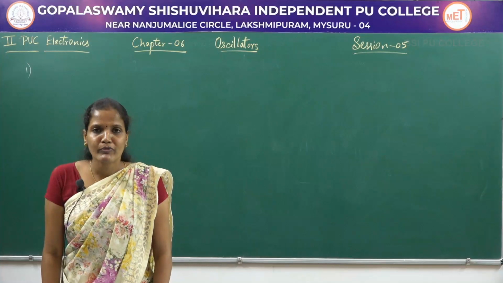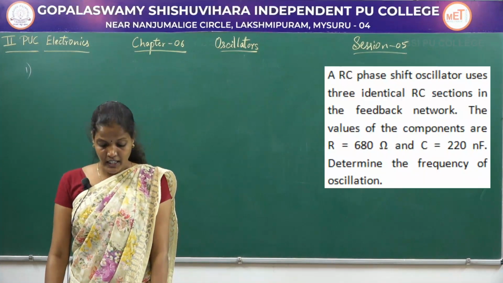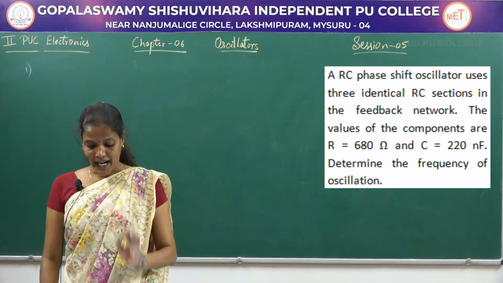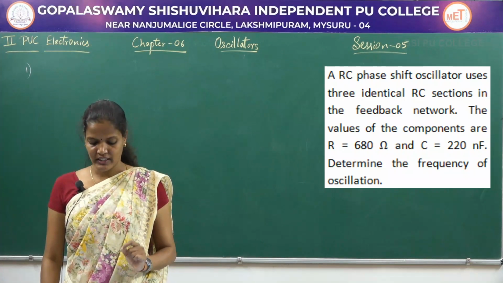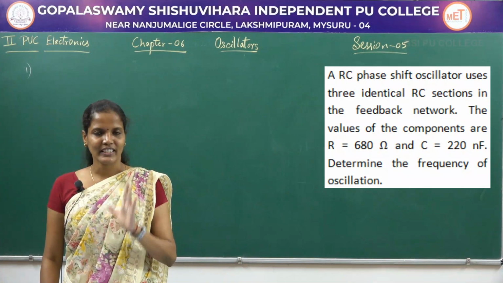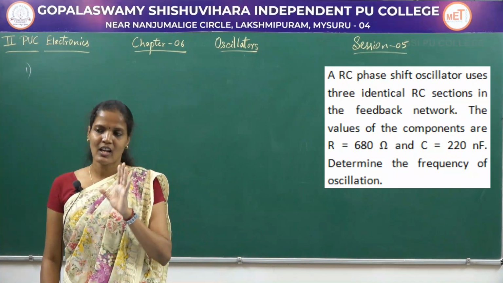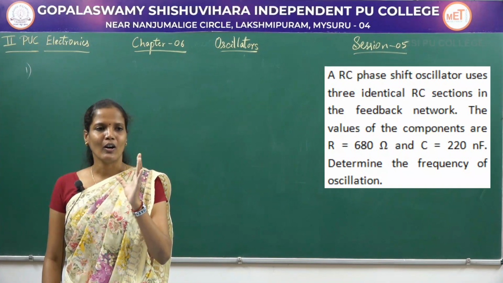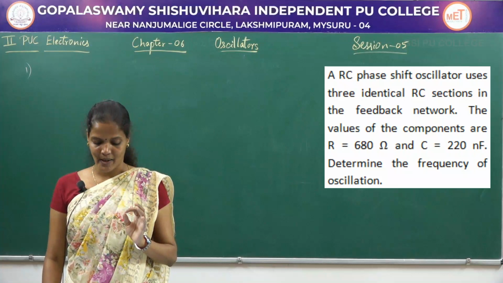The very first problem from this phase shift oscillator is, a RC phase shift oscillator uses 3 identical RC sections in the feedback network. 3 identical RC sections means 3 sets of RC network where all the values of R and C are same.